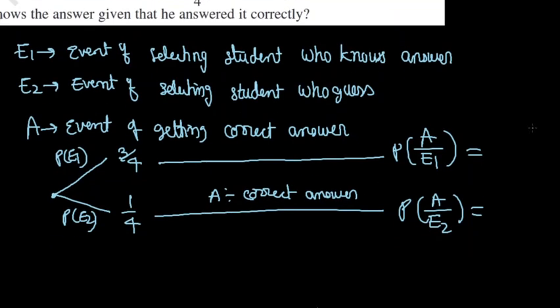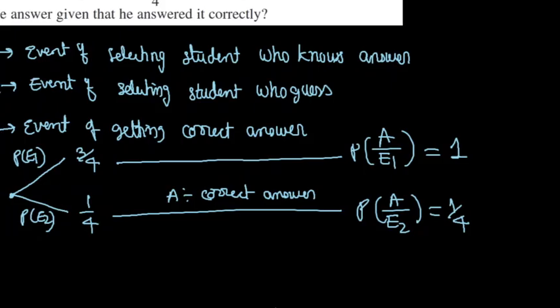But the one who knows the answer will definitely give the correct answer, a sure event, probability 1, 100%. It is not given. You have to understand it from the question.